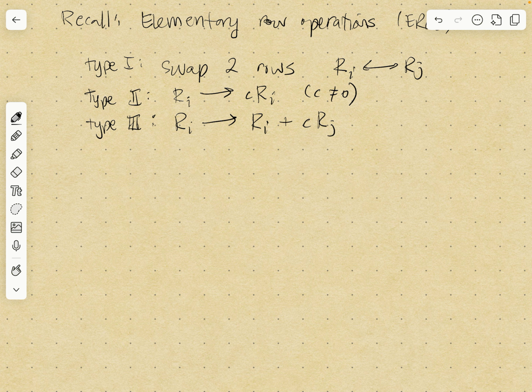All right, so with these elementary row operations in mind, we can define an elementary matrix. So let's say that you have an n by n matrix.